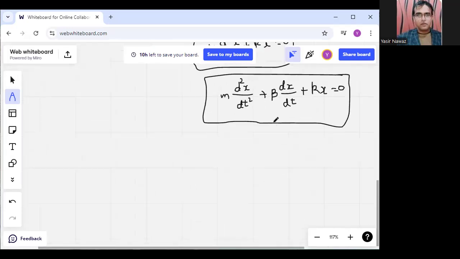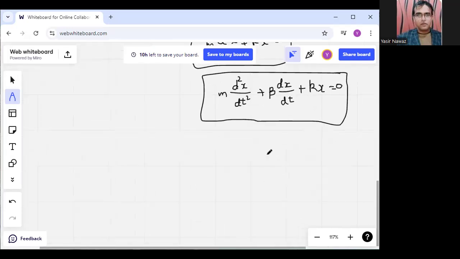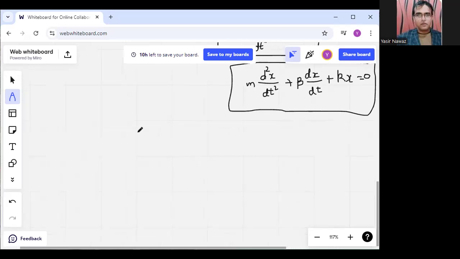Now I will try to add some external force. Suppose that I start with the unit step function. I draw its graph. Suppose that this is the x-axis or t-axis, and this is the y-axis or u-axis.